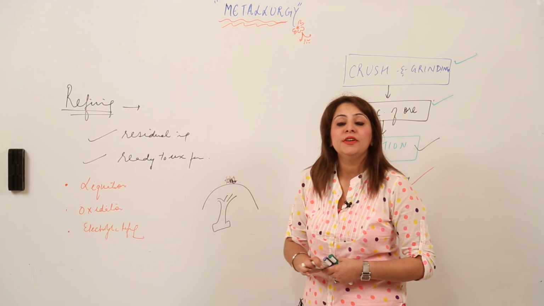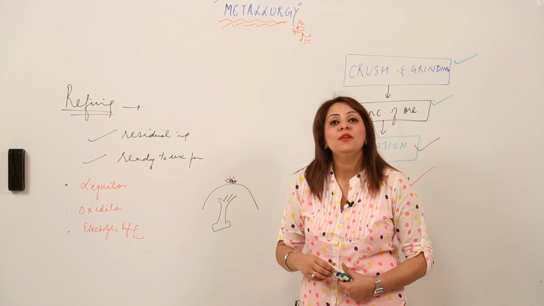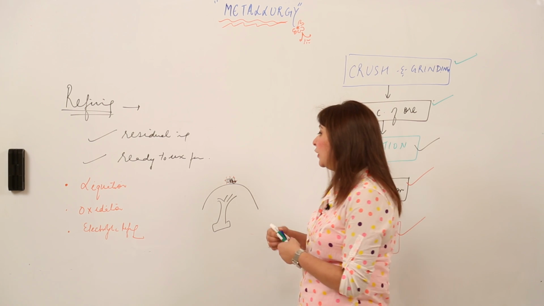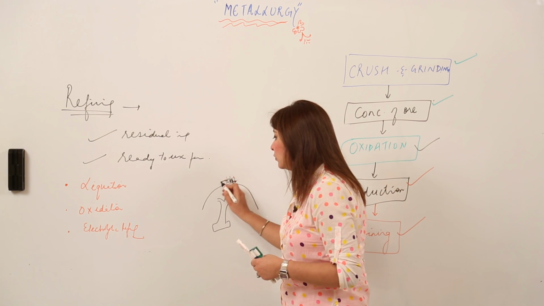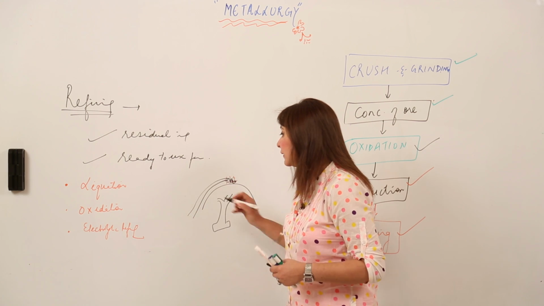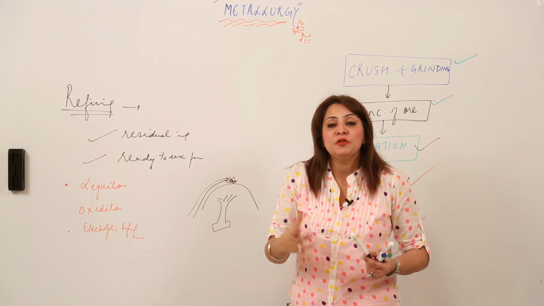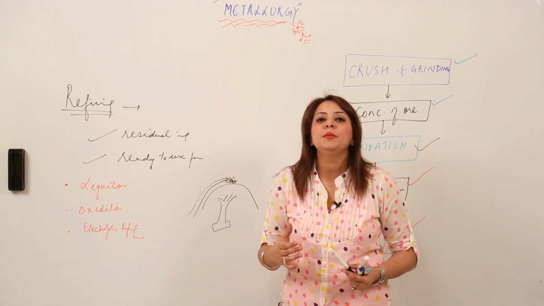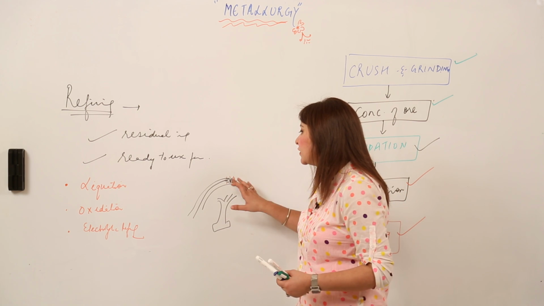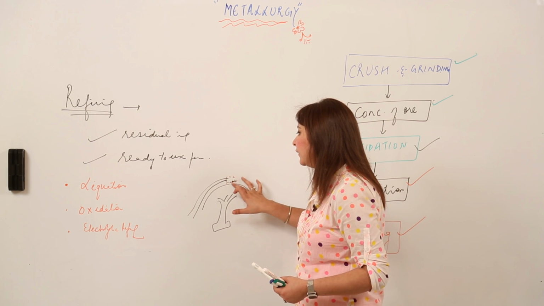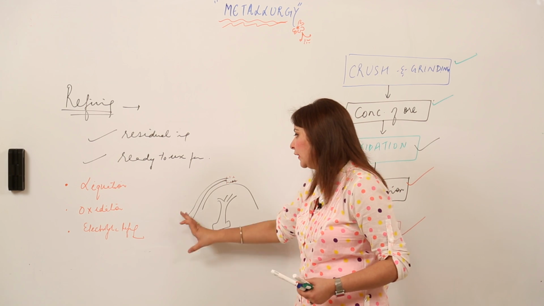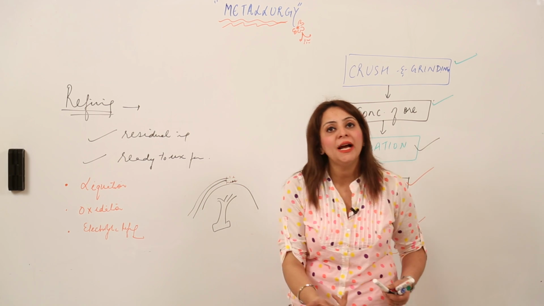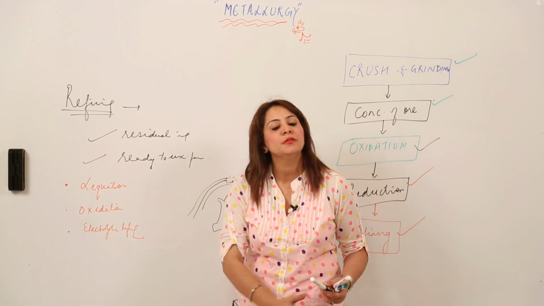So when we apply heat, the metal is going to melt and flow down from the slope. But the impurities, as they have a melting point higher than the metals, are not going to melt and will stay behind. So the metal flows and the impurities are left behind. This is the liquefaction method.